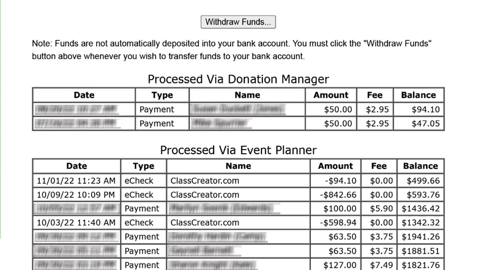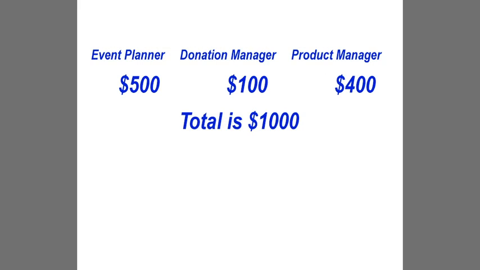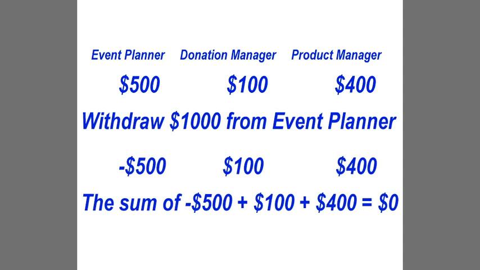Let's say you have $1,000 in your available funds, and that breaks down into $500 in the event planner, $100 in your donation manager, and $400 in your product manager. If you initiate a withdrawal from your event planner, it will zero out the event planner available funds.